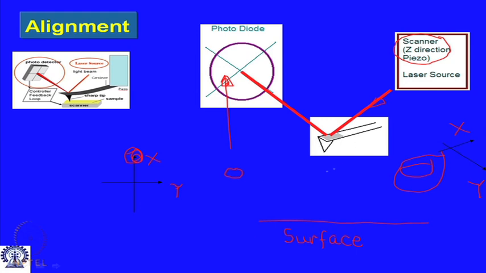What it means is that there is no interaction between the cantilever tip and the surface at the stage of alignment. So, this is important to understand.